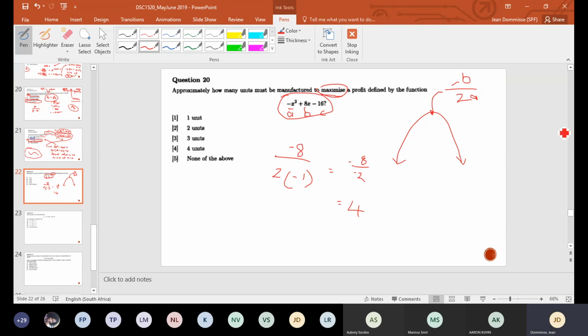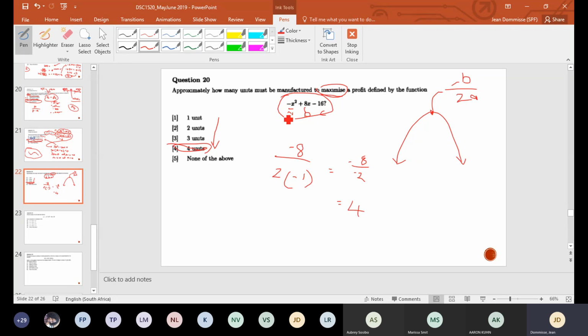If you didn't know what to do here, I would have just looked at this and seen that the options go from 1 to 4, probably because that is the biggest number of the four options in the exam. That is what I would have done if I didn't have a clue. I need to maximize, so I would probably put in the highest number.